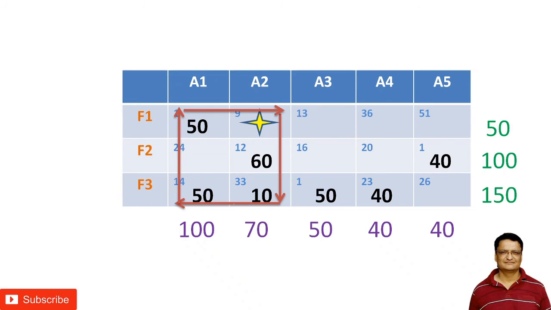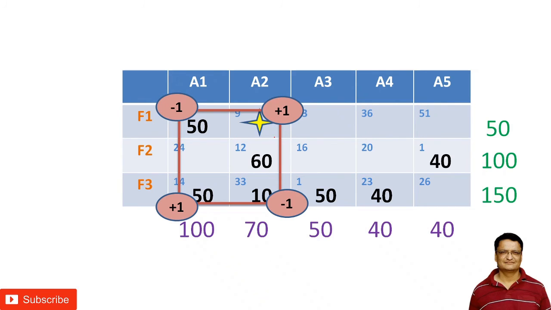And this loop is very important. Now what is the importance of this loop? Let us say I have allocated one unit at this cell. Then I remove one unit at this cell, and I add one unit at this cell, and I remove one unit from this cell, and it will balance all the demand and supply constraints.